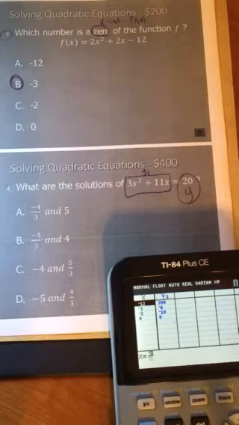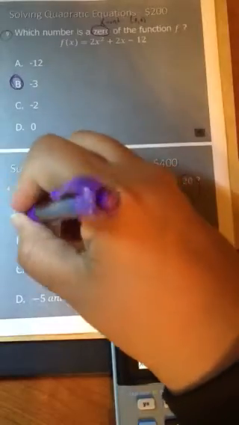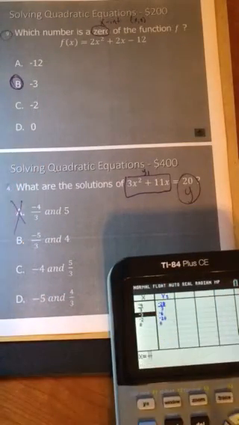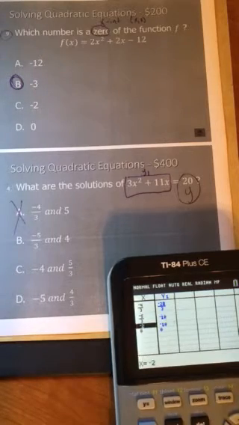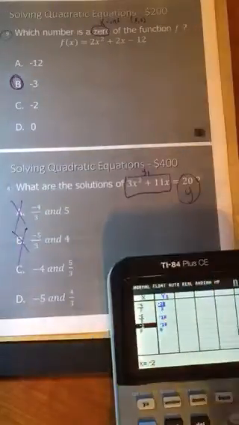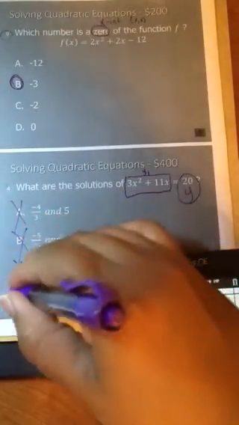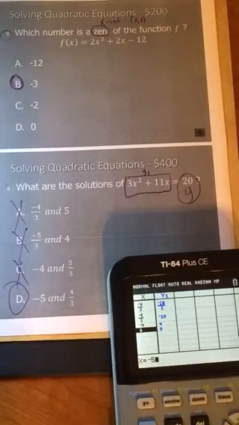So -4 thirds, that doesn't give me a 20, so it's automatically wrong. Alpha y equals enter. -5 thirds, that's automatically wrong. -4, wrong. So this should be my answer, but I'm going to prove it to you.